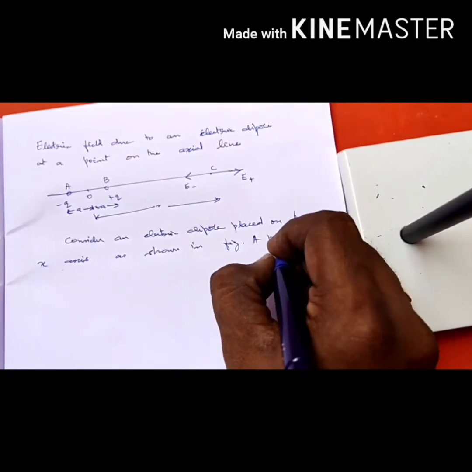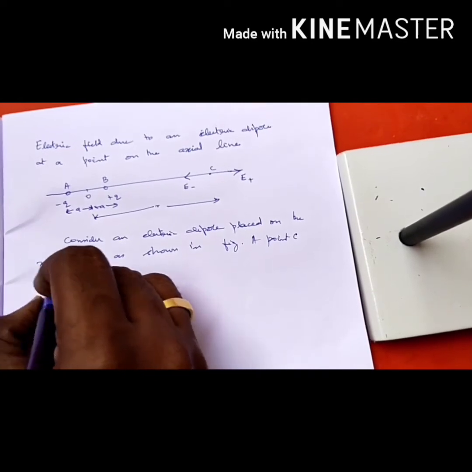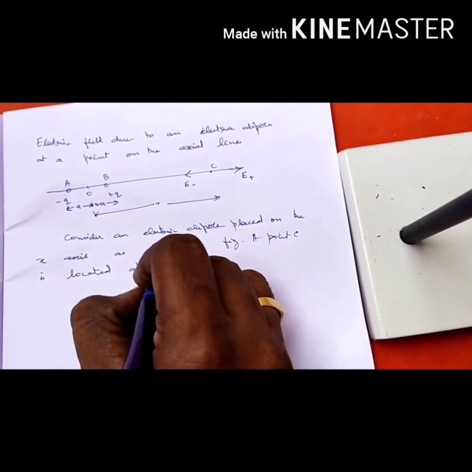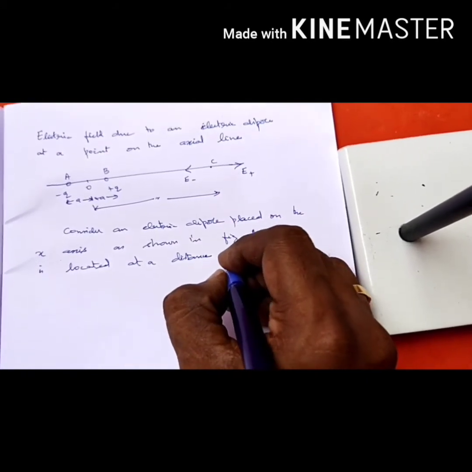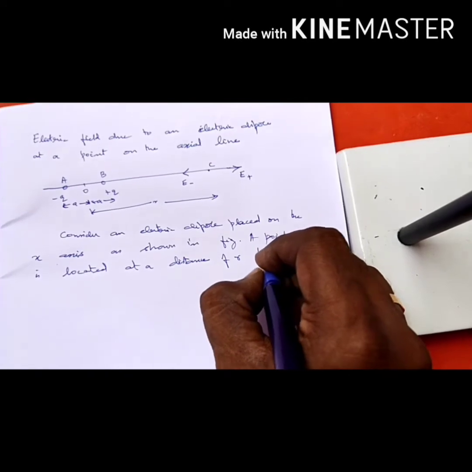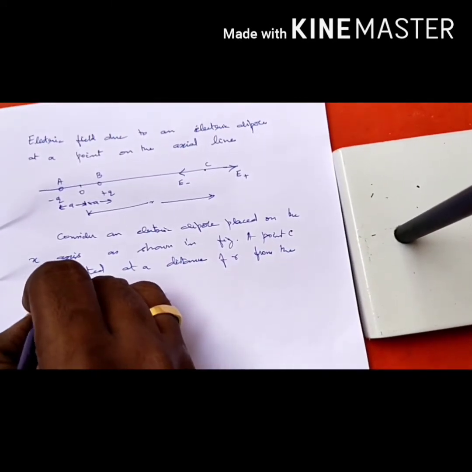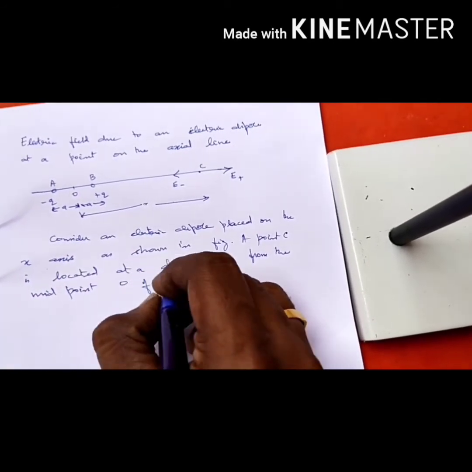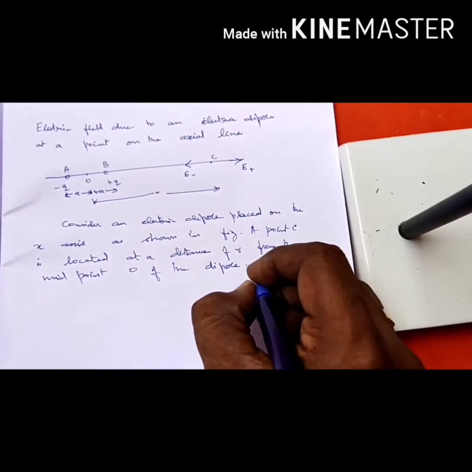A point C is located at a distance r from the midpoint O of the dipole along the axial line.